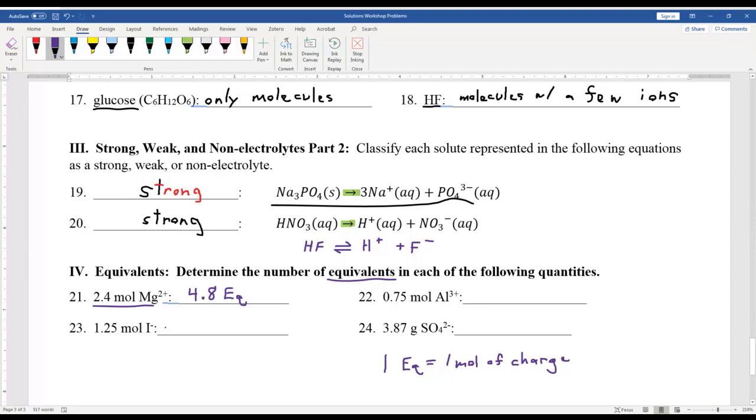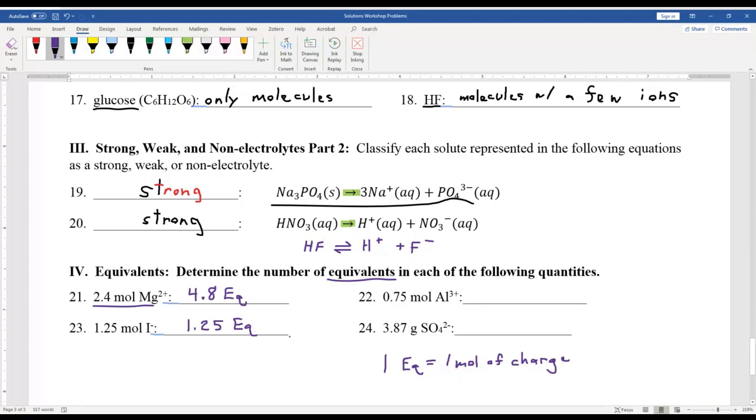What about the 1.25 moles of iodine? How many equivalents would that be? It would just be 1.25. Yeah, 1.25, exactly, because the charge is only -1, so it's 1.25 moles times the charge of 1. So as you can see, it's a pretty simple concept, right?